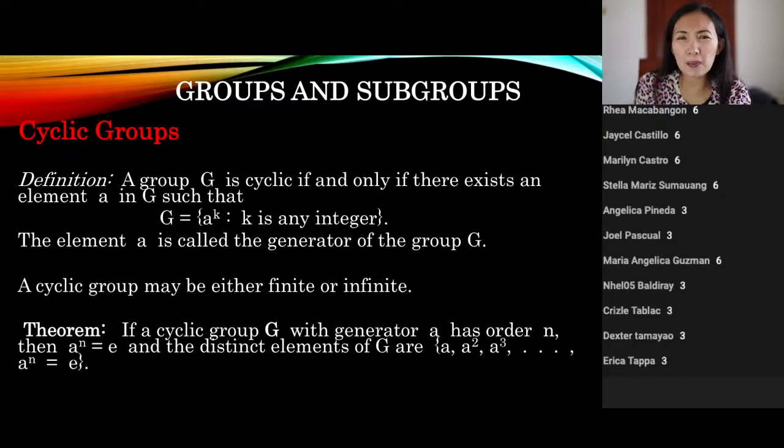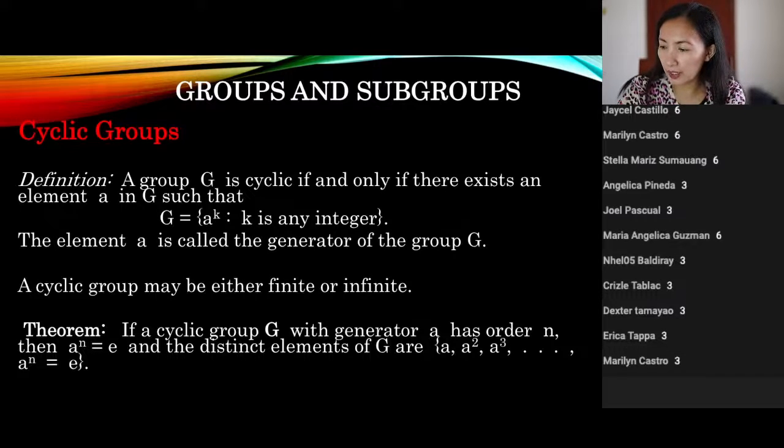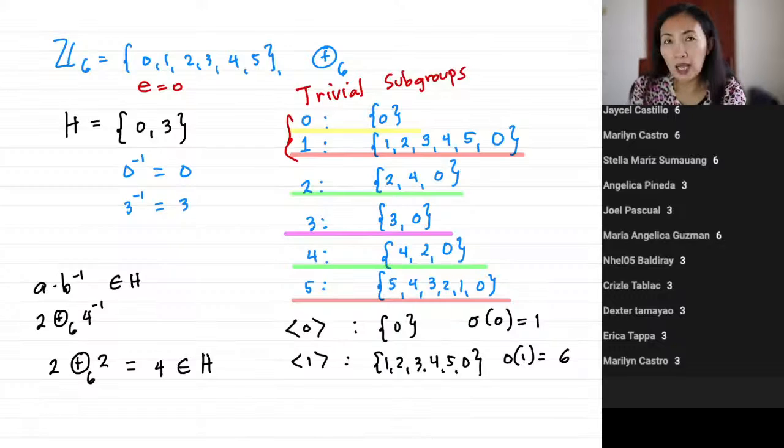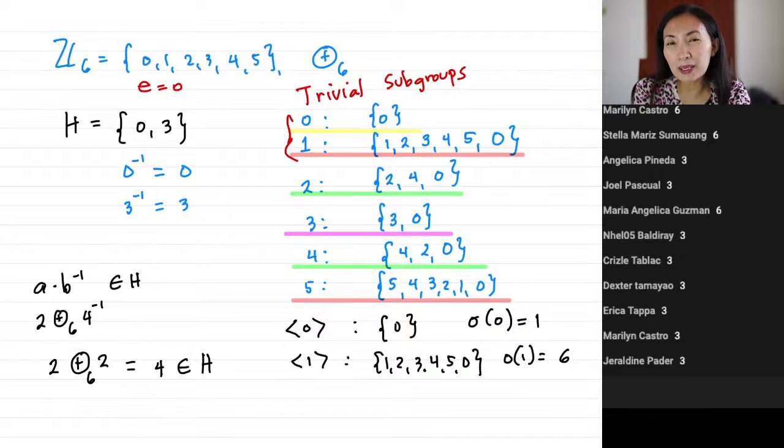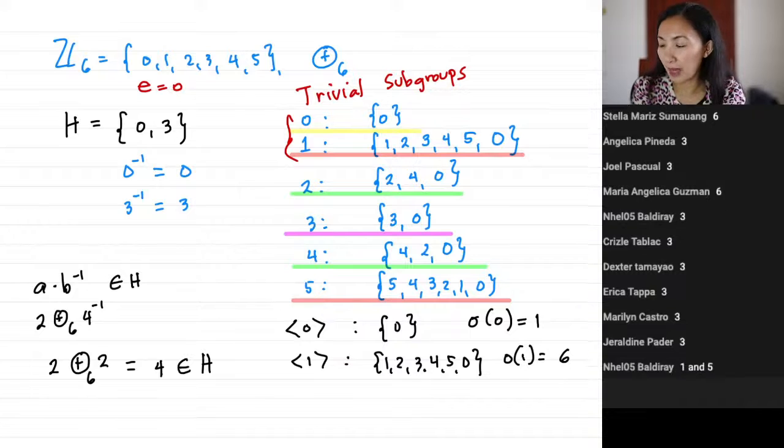So, balikan natin si Z sub 6. Ano kaya yung elements na makapag-generate sa lahat ng elements ni Z sub 6? Maalala nyo? So, balikan natin si Z sub 6 ulit para makita nyo ang konsepto ng generator. Ayan. Ano yung elements? May element ba si Z sub 6 na makapag-generate sa lahat ng kanyang elements? Meron, di ba?